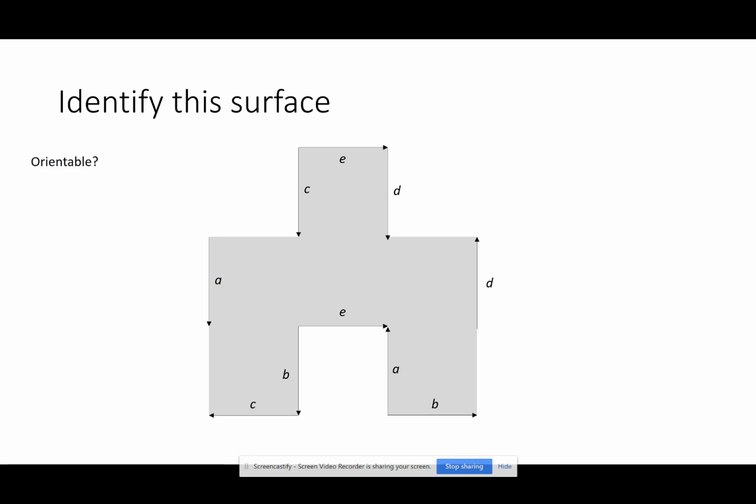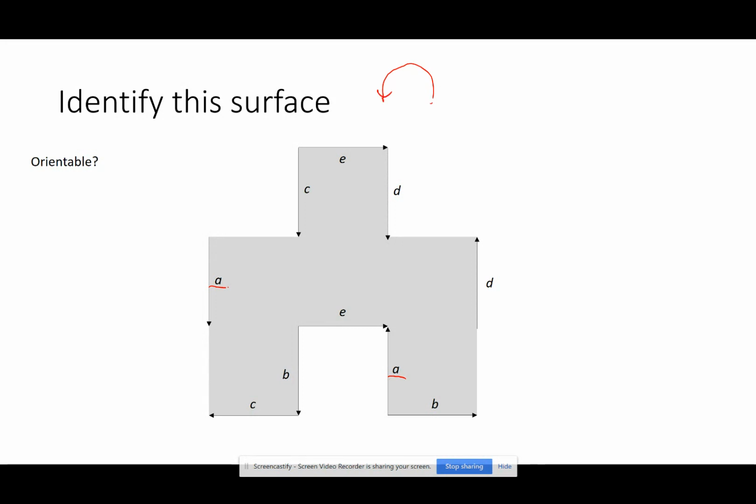So the first question is whether this surface is orientable or not. So how do we decide that? When we decide orientability, we look at all pairs of edges with the same label. So like here, A and A, and the counterclockwise direction is the positive.